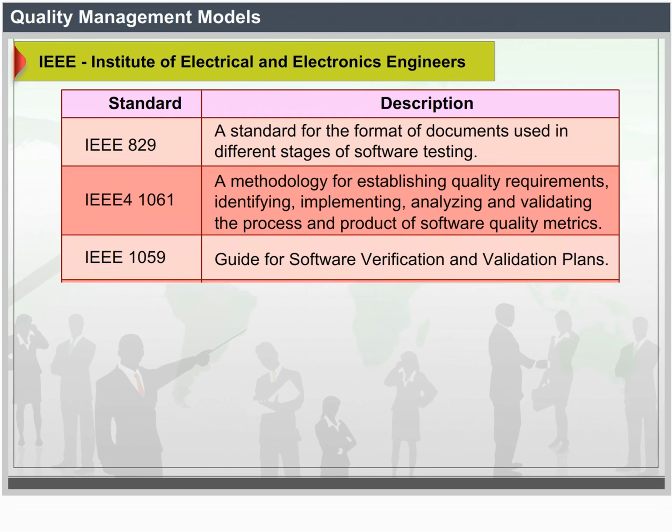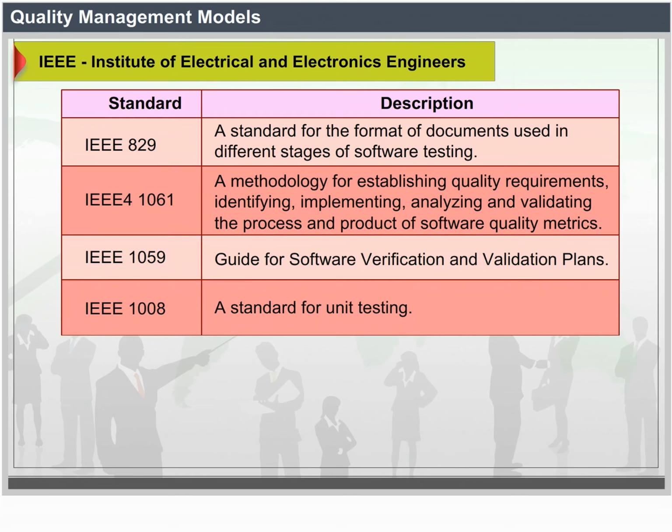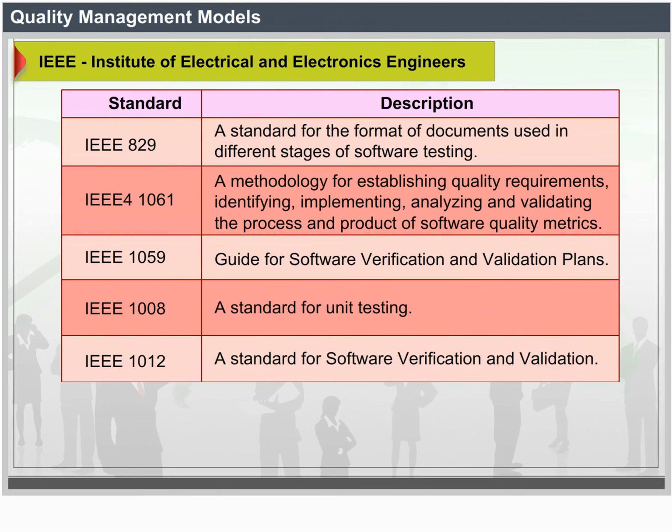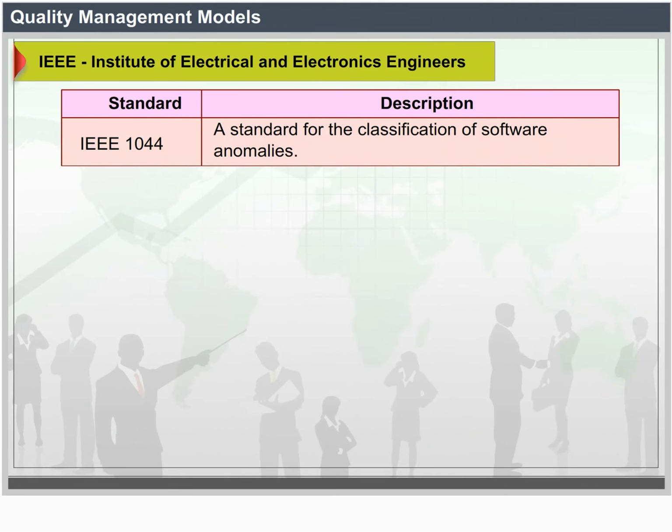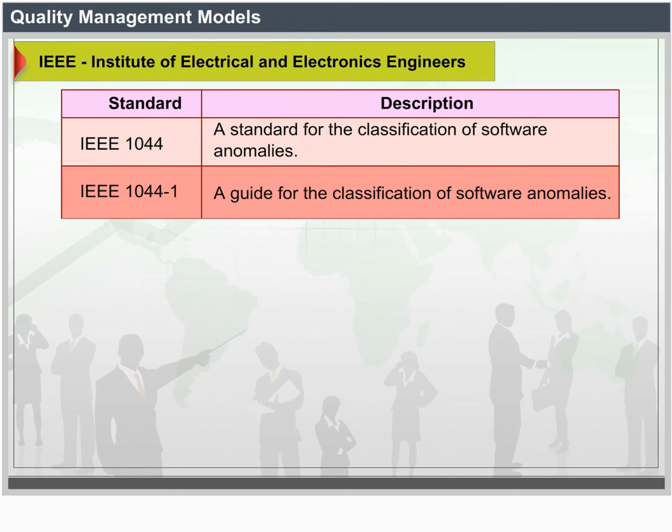IEEE 1008, a standard for unit testing. IEEE 1012, a standard for software verification and validation. IEEE 1028, a standard for software inspections. IEEE 1044, a standard for the classification of software anomalies. IEEE 1044-1, a guide for the classification of software anomalies.